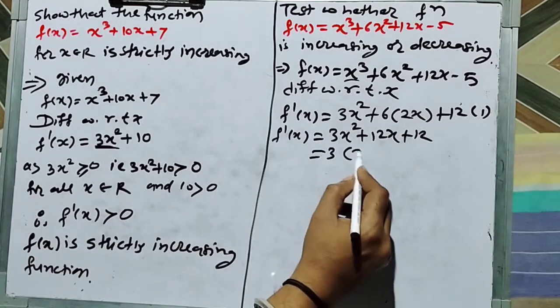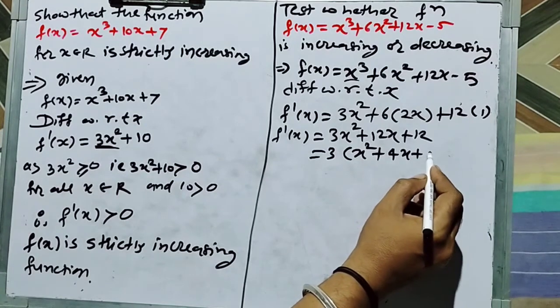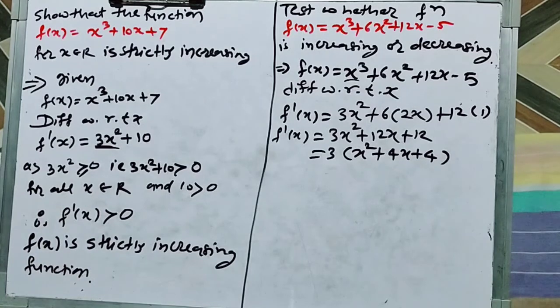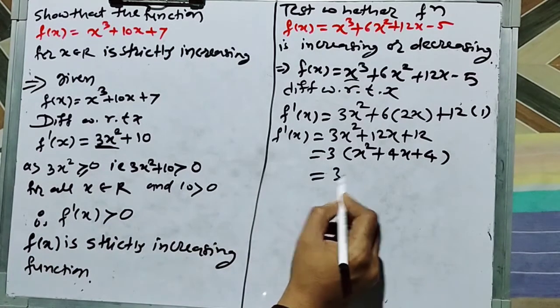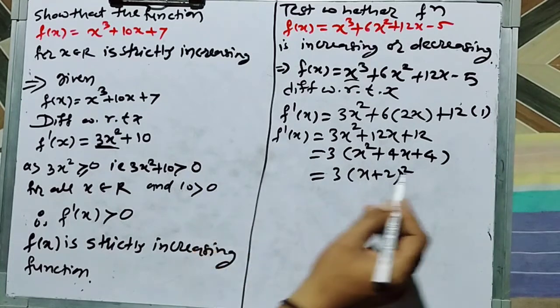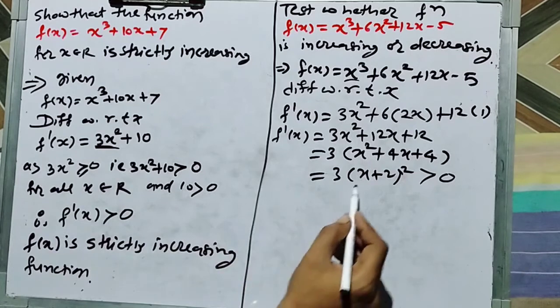We take 3 common: x square plus 4x plus 4. This is simply equal to (x plus 2) square, and this is always positive for all values of x belonging to R except x not equal to minus 2.